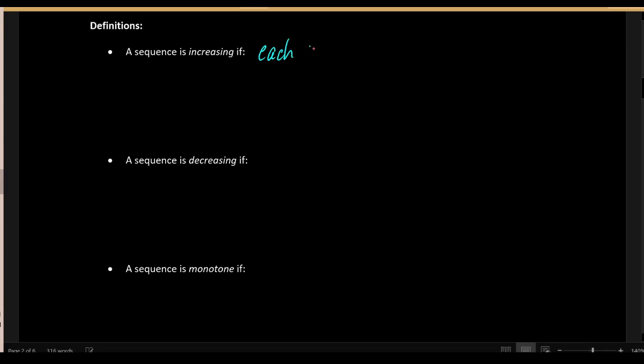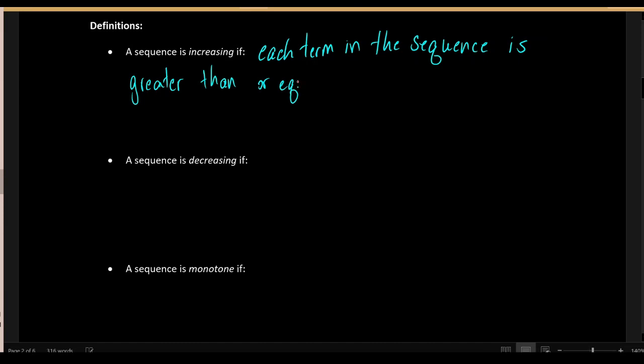Each term in the sequence is greater than or equal to the previous term. So with every step in the sequence, we want to make sure that the value of the term is larger than the one that we had previously.